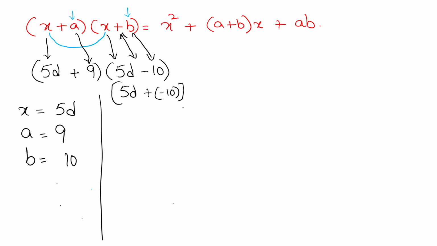Because plus of minus is minus. We have already studied in integers. So in place of b we have minus 10.